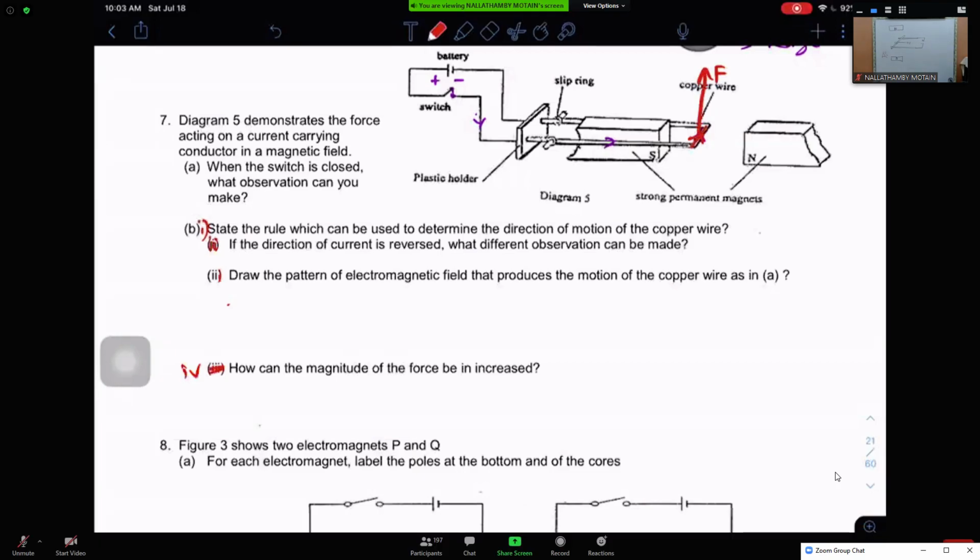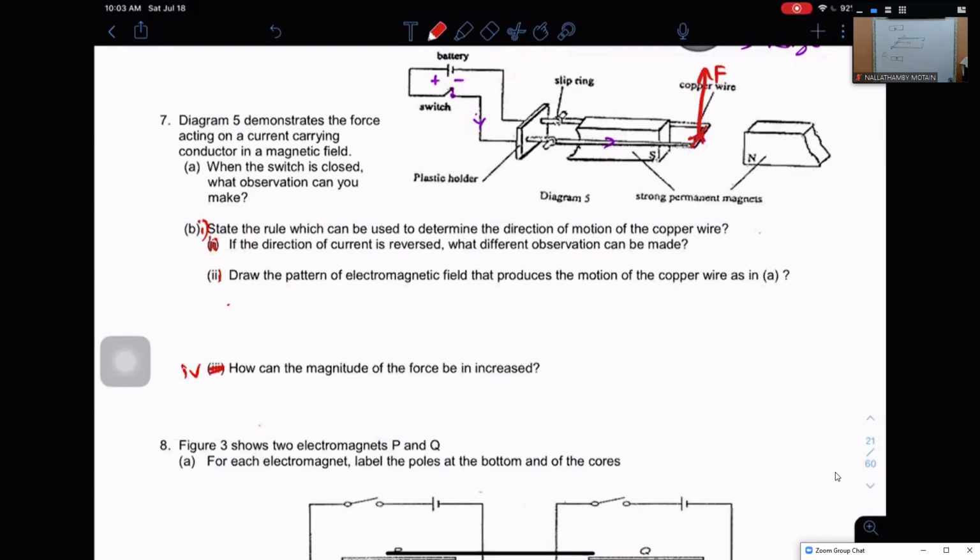If they didn't give you marks, please correct it. Please refer to the textbook and show, because in the textbook they already give that Fleming's left-hand rule can be replaced with right-hand slap rule. Is that already in your textbook? Okay.